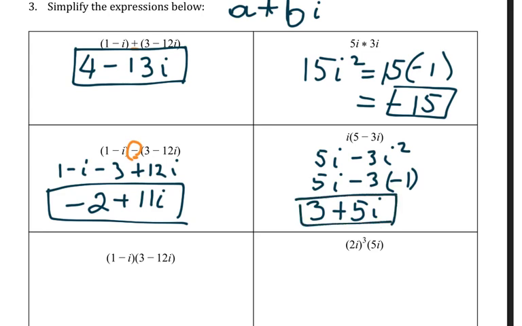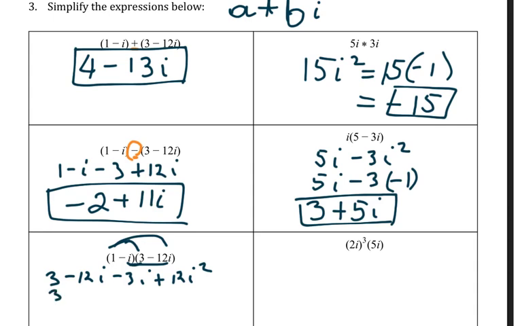Okay, the next example requires the distributive property twice, so be careful with it. 1 times 3 is 3. 1 times negative 12i is negative 12i. Negative i times 3 is negative 3i. Negative i times negative 12i is positive 12i squared.